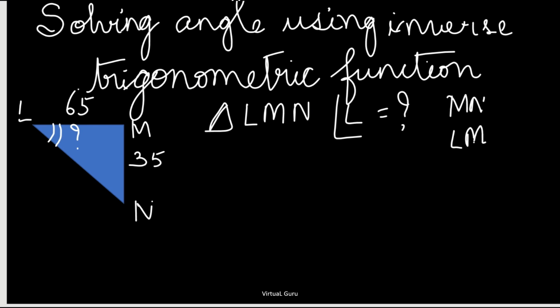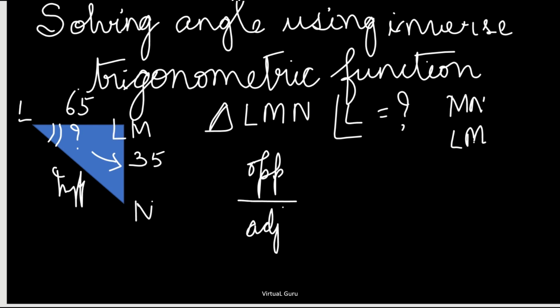So we have to find what is angle L. Associated with angle L, we know the opposite side, then we know the adjacent side. We have no information about the hypotenuse. This will be our hypotenuse, but we are not asked to find that, so let it be there.